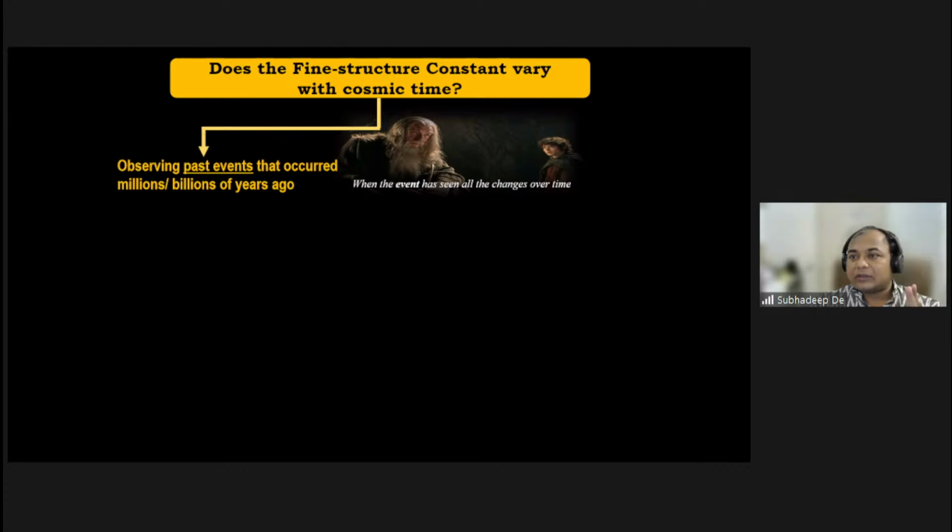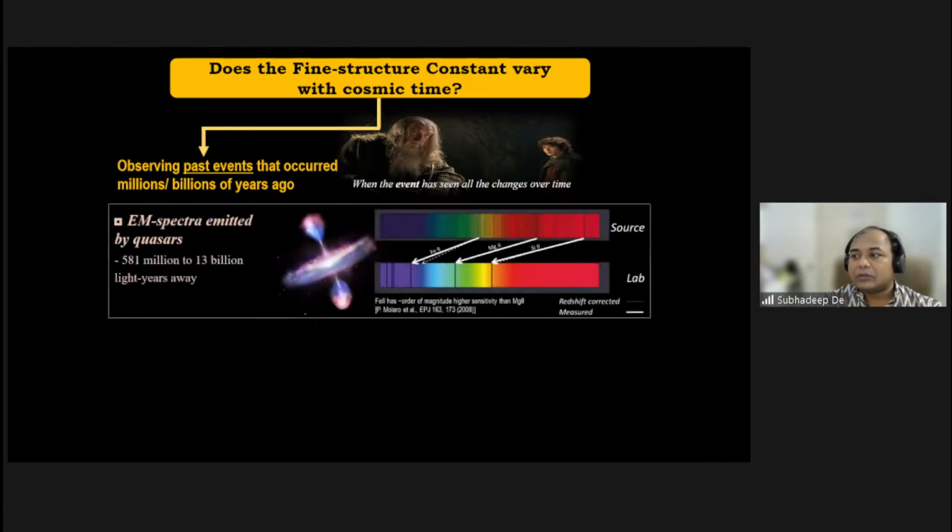And there are two ways this kind of phenomenon can be observed or experimented on. One is looking into the electromagnetic spectrum emitted by quasars.